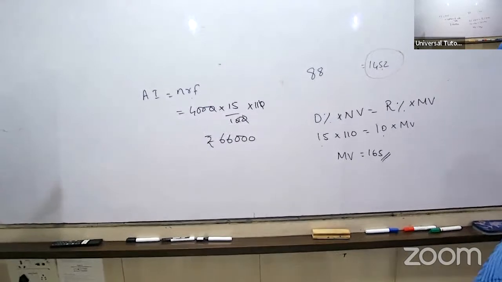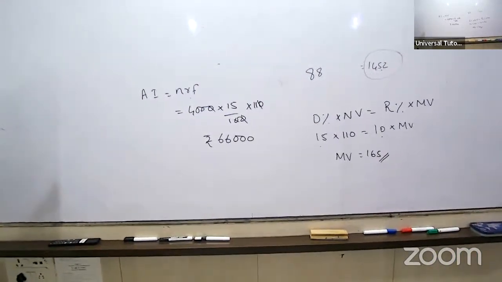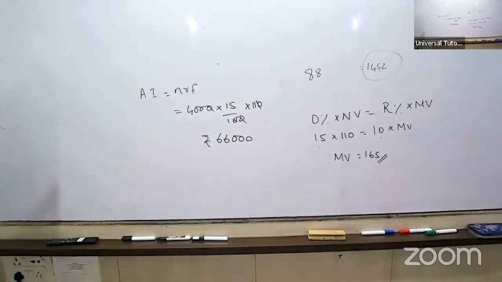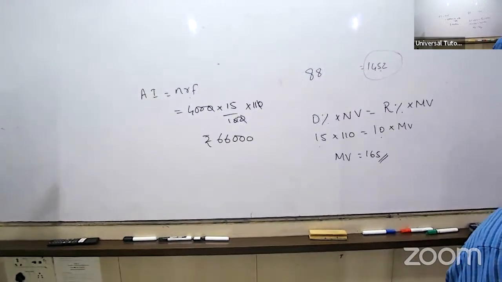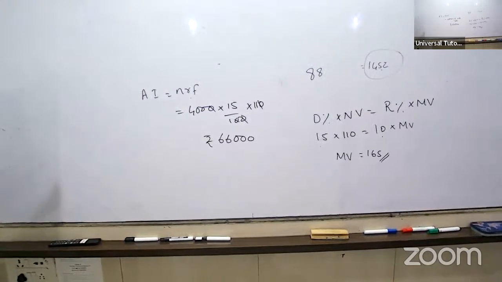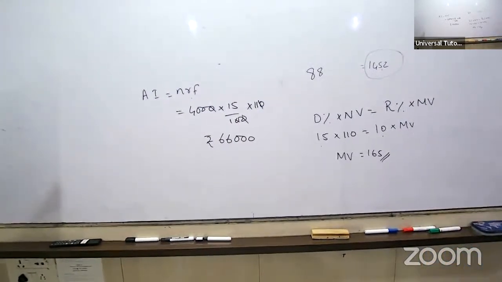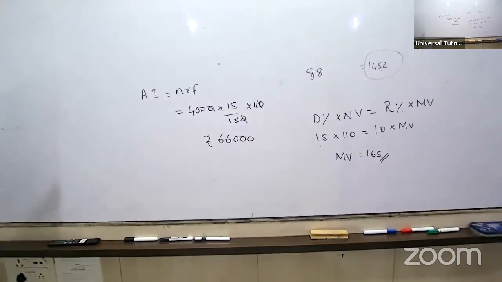A and B, two people, have 18,000 rupees each.